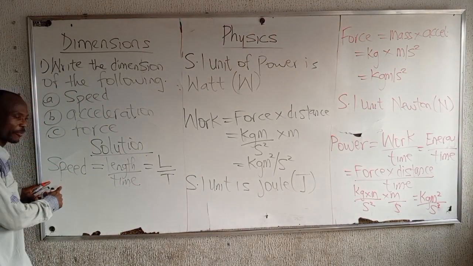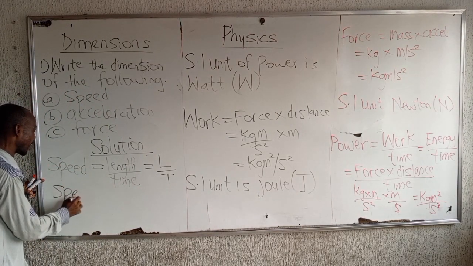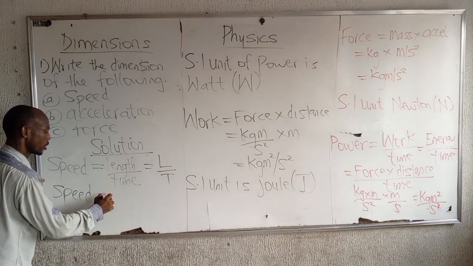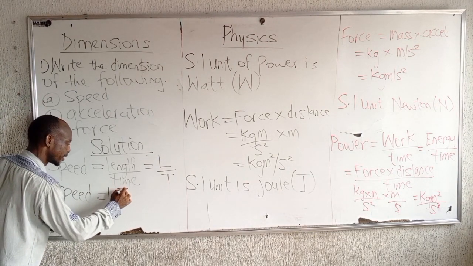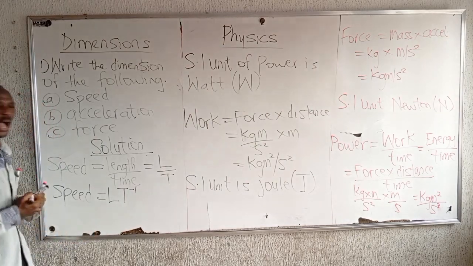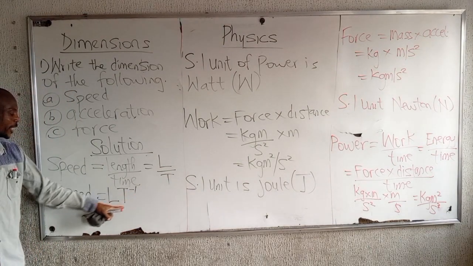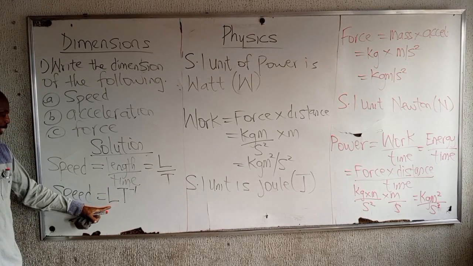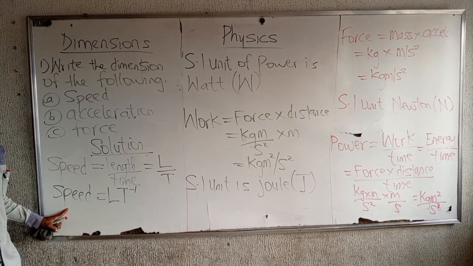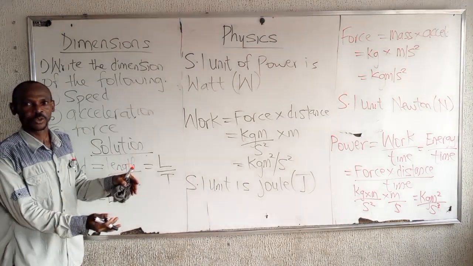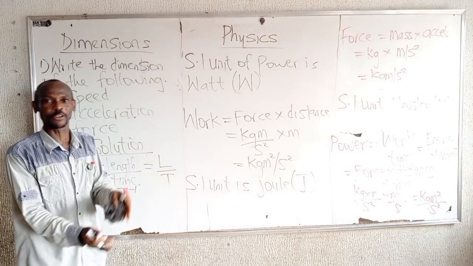We express it now in index form. So our dimension for speed can now be written as L T raised to power minus 1. We have represented it in index form. This is what we refer to as the dimension of speed. If you go back to the unit, what is the derived unit of speed?